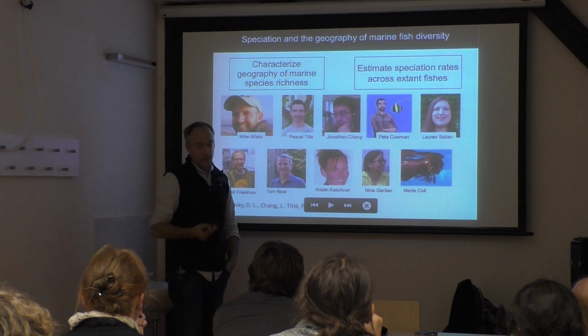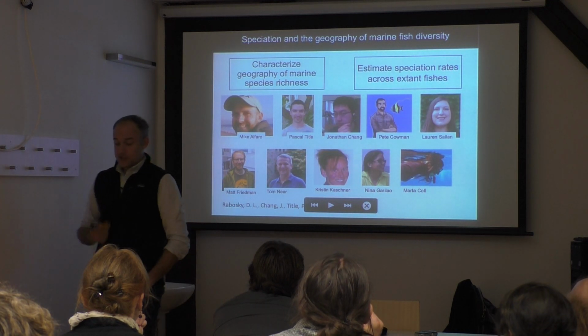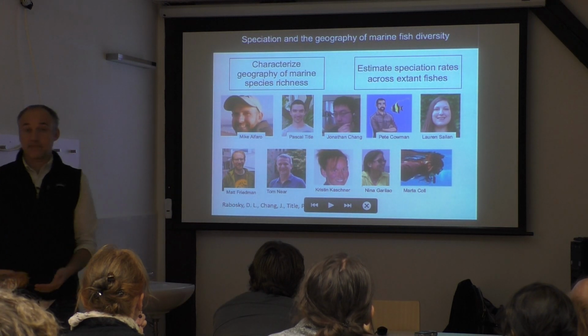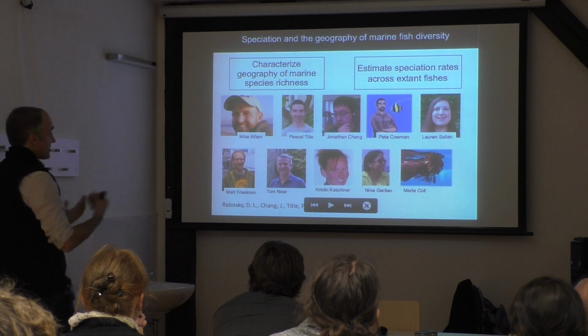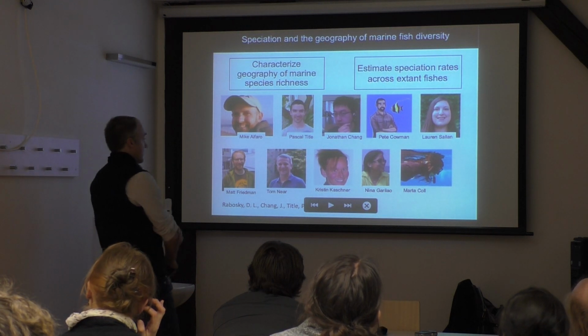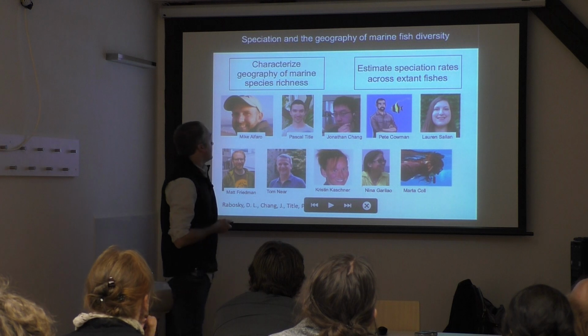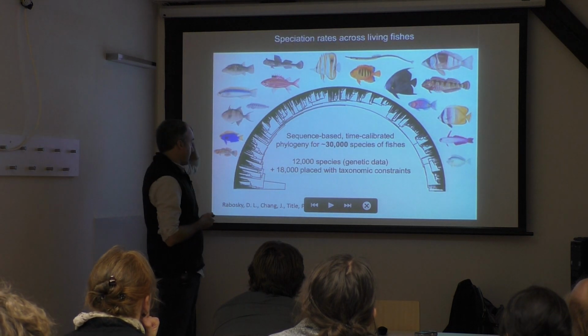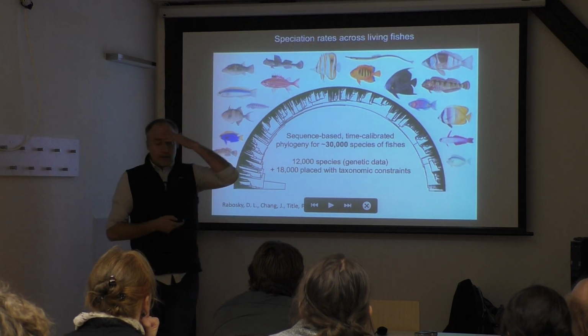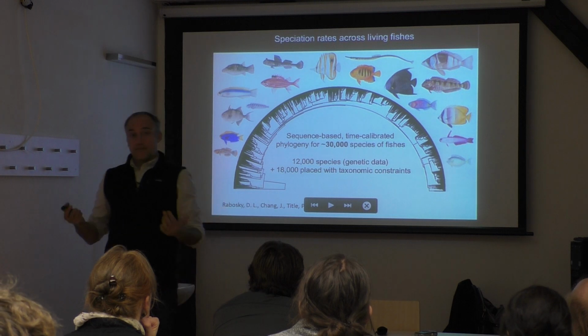This is a collaborative project that involves contributions from a number of other folks, on aspects ranging from phylogeny reconstruction to spatial data compilation and so on. This is a phylogeny that we generated for marine fishes.